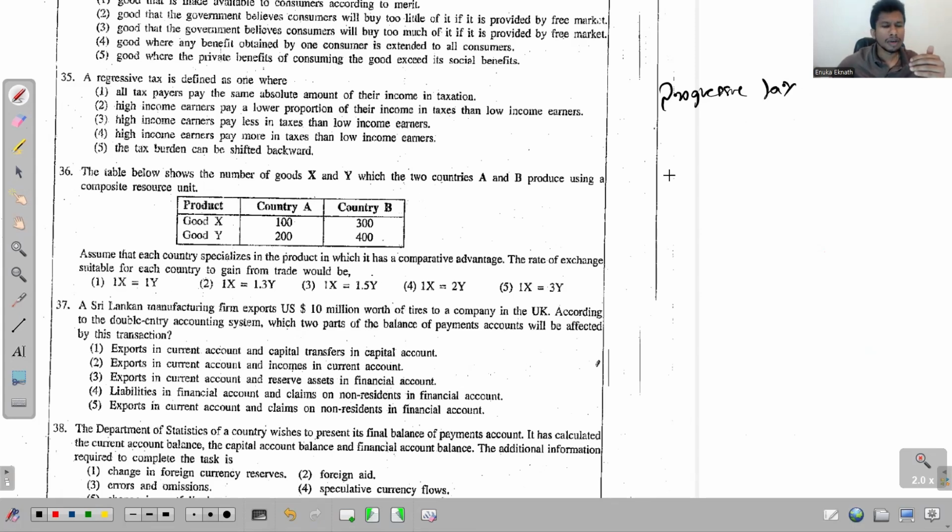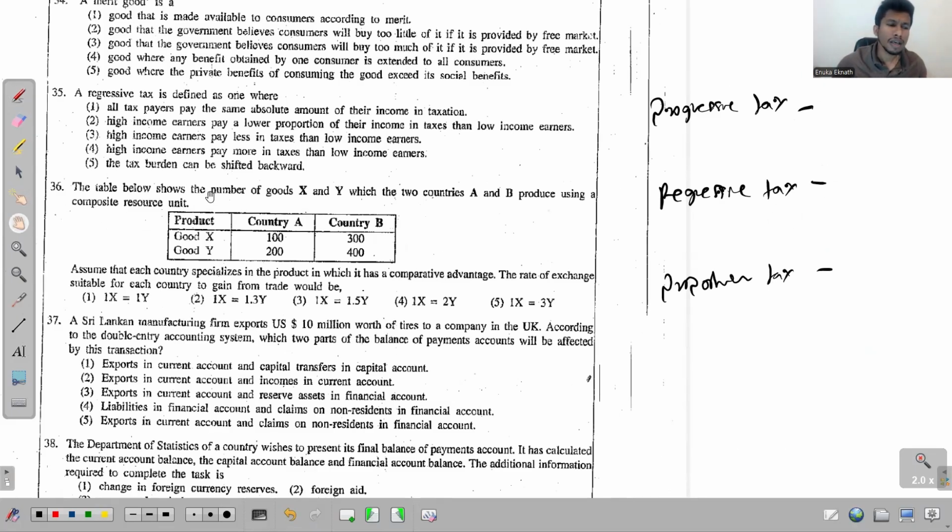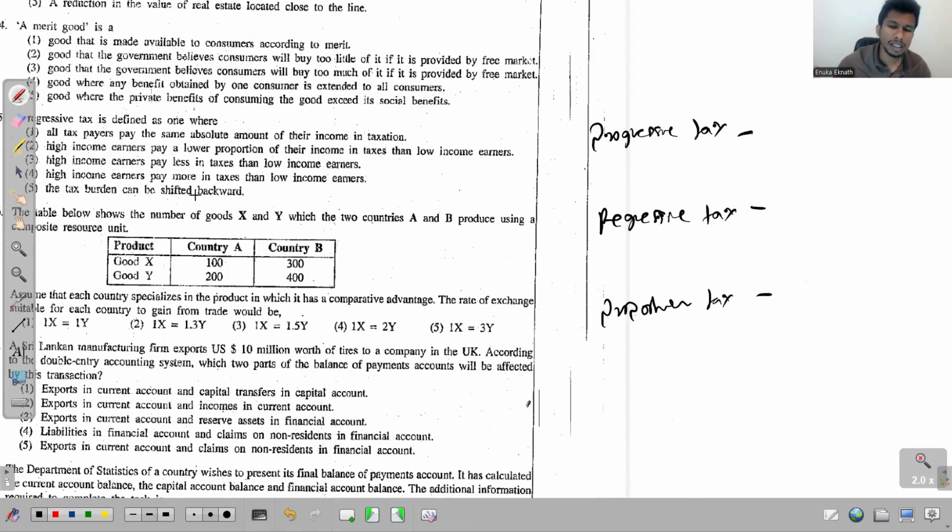And on the other side, we have, let's say, this regressive tax. And then we have proportionate tax. So these are the three types of taxes. And how do we define these progressive tax, regressive tax, and proportionate tax? This is how we define it.